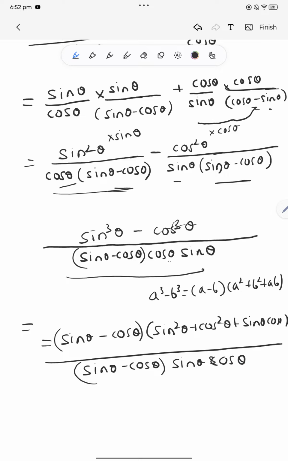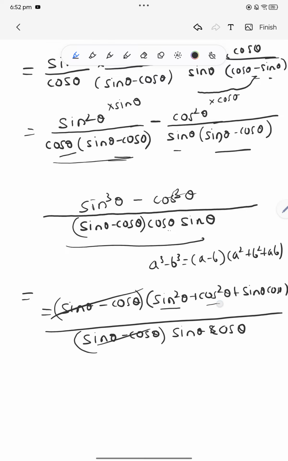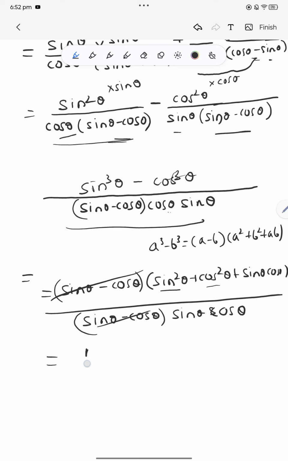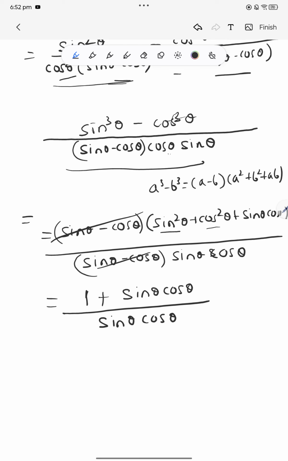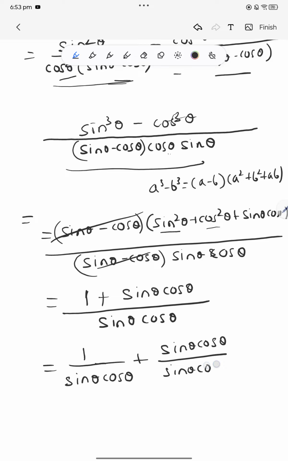So from this, sin theta minus cos theta cancels. From this, sin square theta plus cos square theta is equal to what? 1. So 1 plus sin theta cos theta divided by sin theta into cos theta. So you can write this as 1 by sin theta cos theta plus sin theta by cos theta divided by sin theta cos theta.